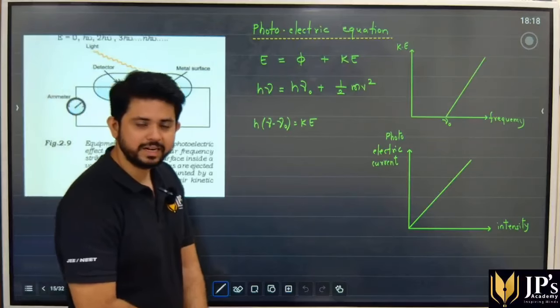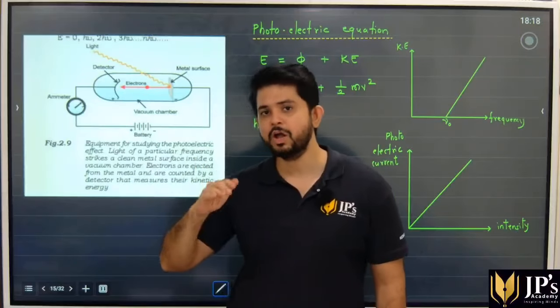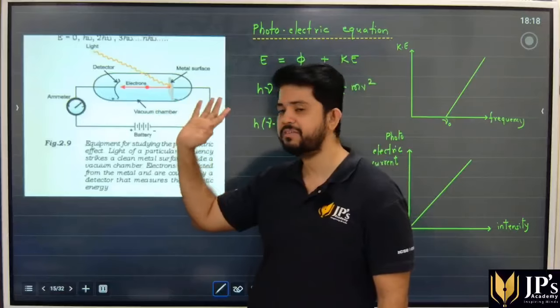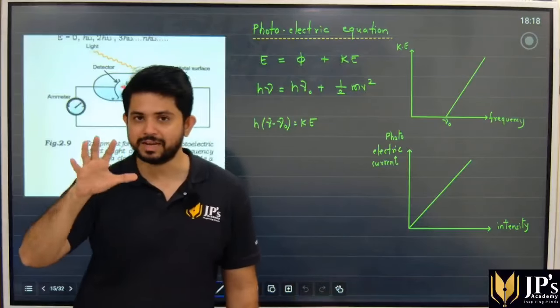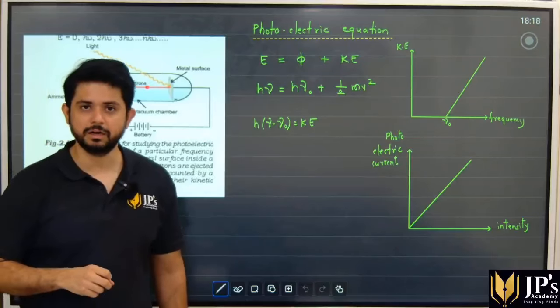Next, we have the photoelectric effect. Heinrich Hertz was doing an experiment where, on metals having low ionization enthalpy, when light was bombarded, electrons came out of these metals.